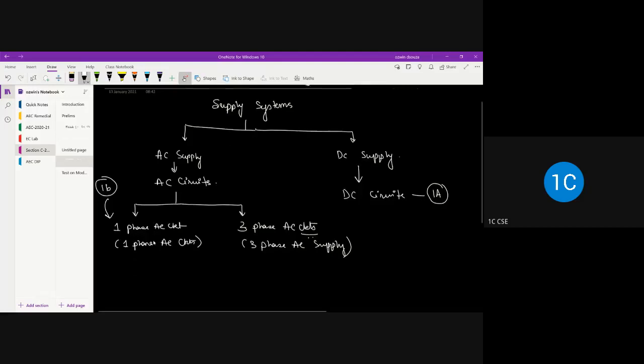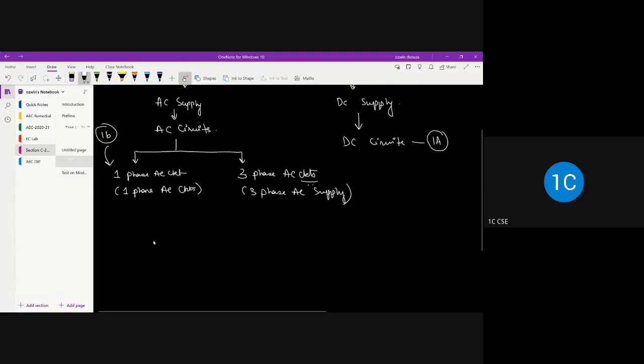All right, fine. Now, what is this single phase AC? I'm explaining this because you would be needing this in your lab as well. In case of single phase AC circuits, first let me give you the example. Your single phase AC is nothing but household supply.